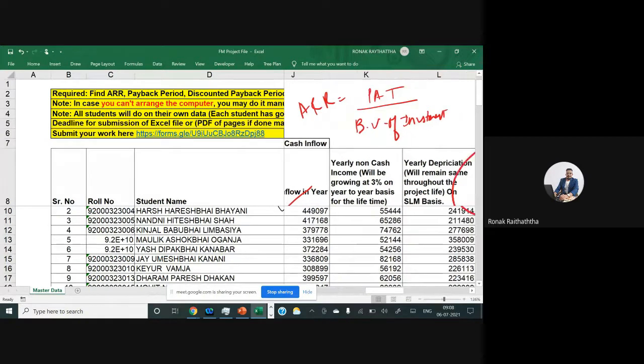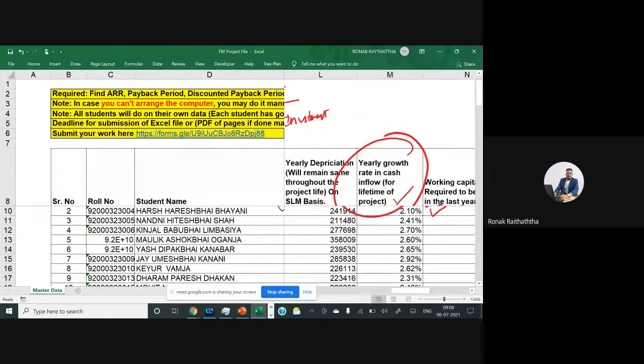Similarly, profit after tax is not given to you. Earlier, when we were solving the question of ARR and the NPV, you can recall the formula I told you to find the CI. If the profit after tax was given to you, then we were adding back depreciation and reducing non-cash income from it.